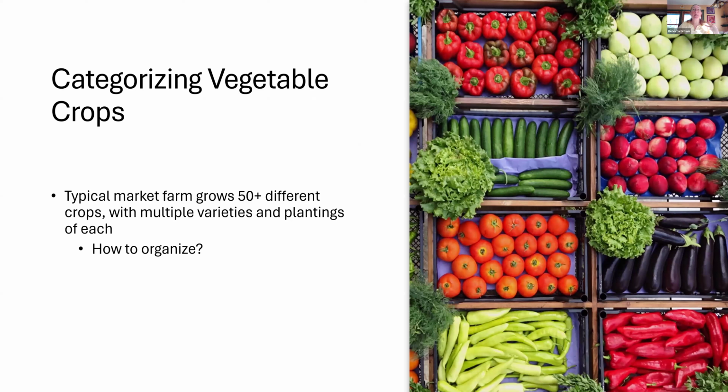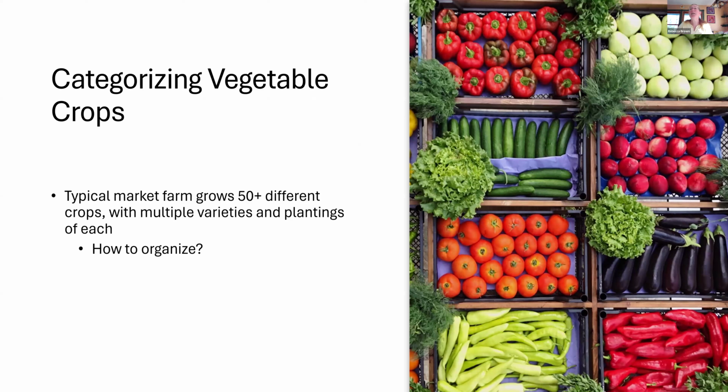So just a little bit about categorizing vegetable crops, because there's lots of different ways to do this. A typical market farm is actually very different from most other types of farms in that it grows 50 or more different crops, each with multiple varieties and multiple plantings of each.